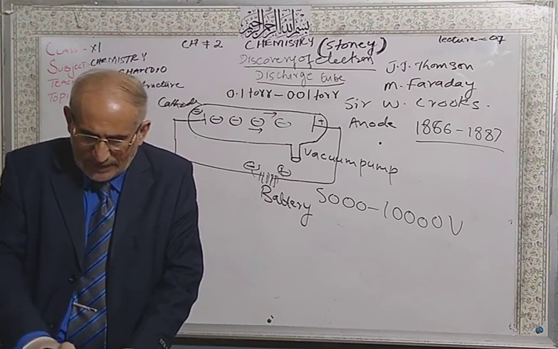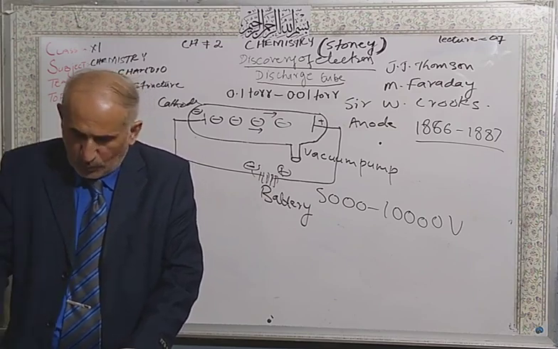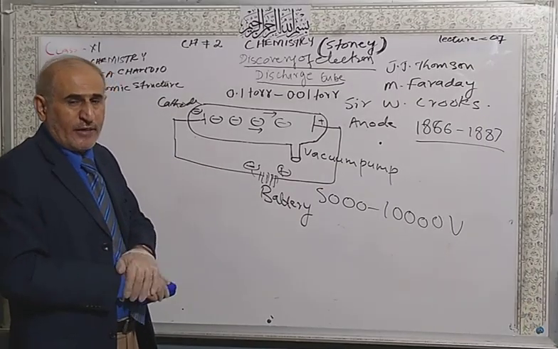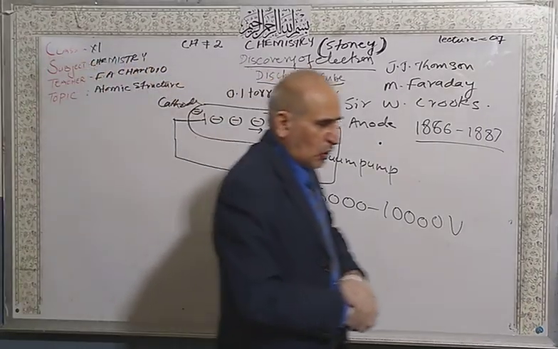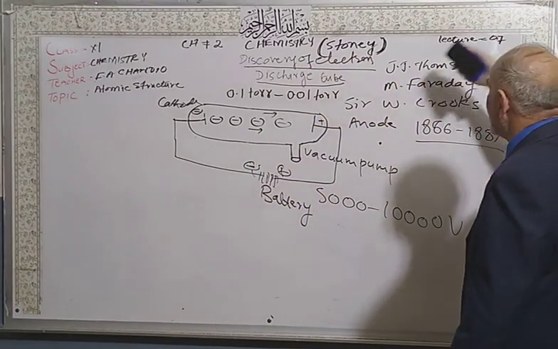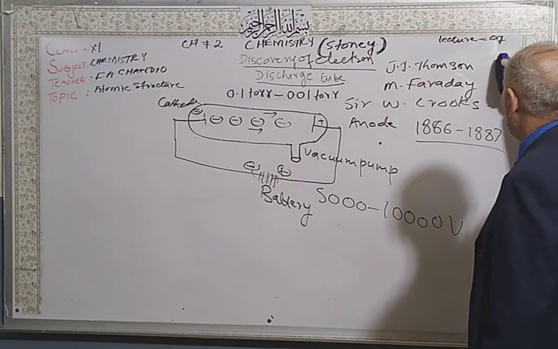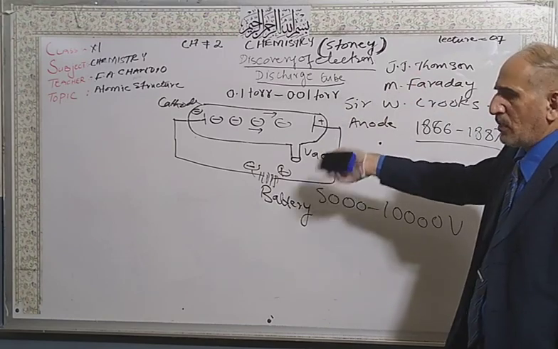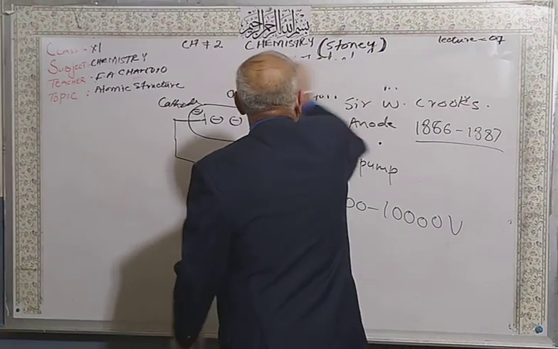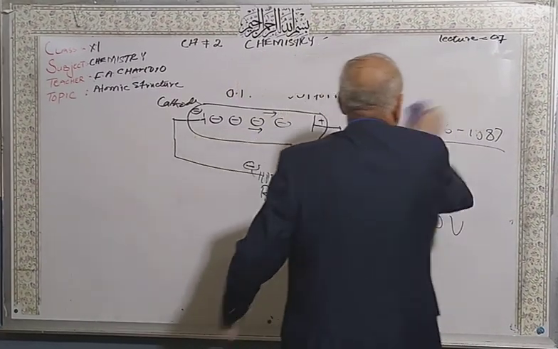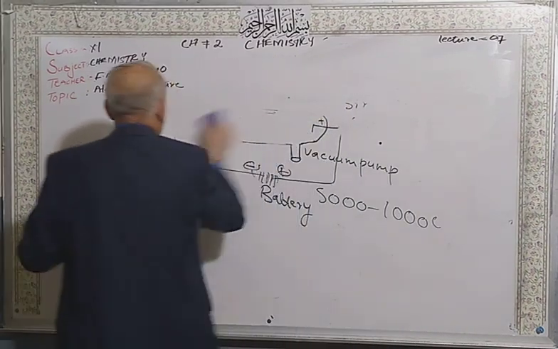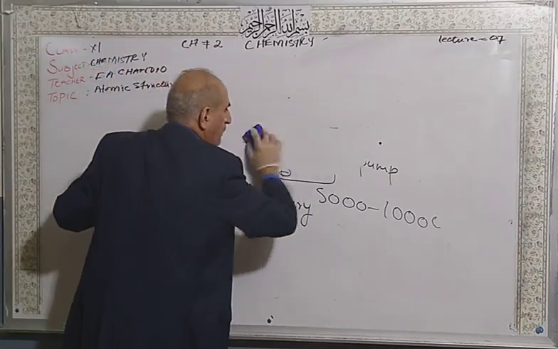Now students, then there are properties. This experiment is given in your book. You have to read very well. Already I told you, you should have your book. So this is the experiment, and these scientists, and this diagram is given in your book. Now, properties of the electron.